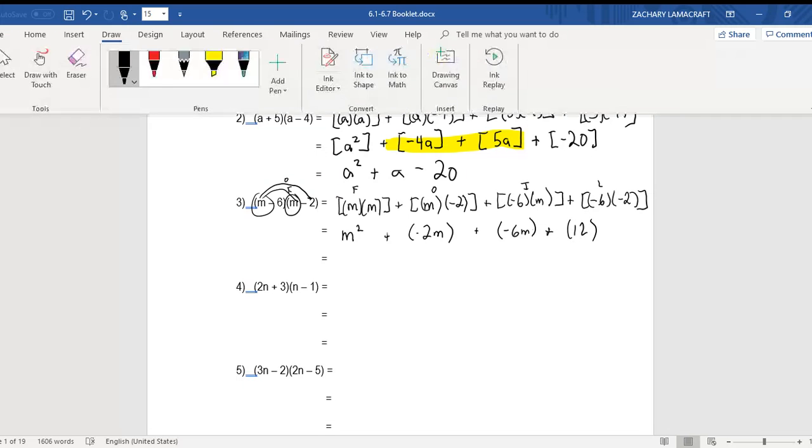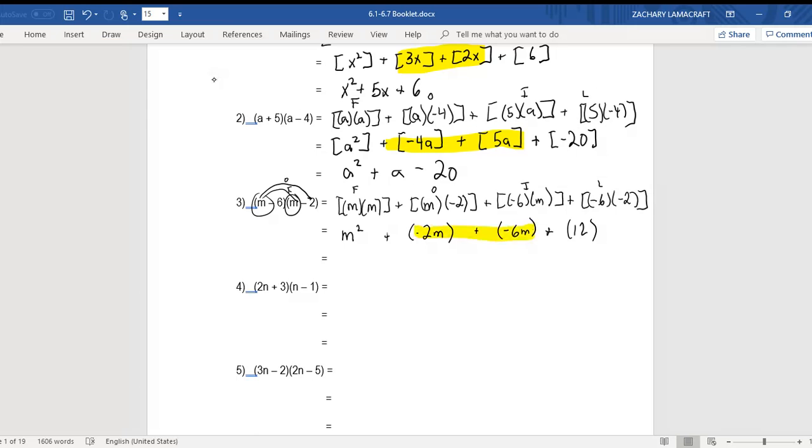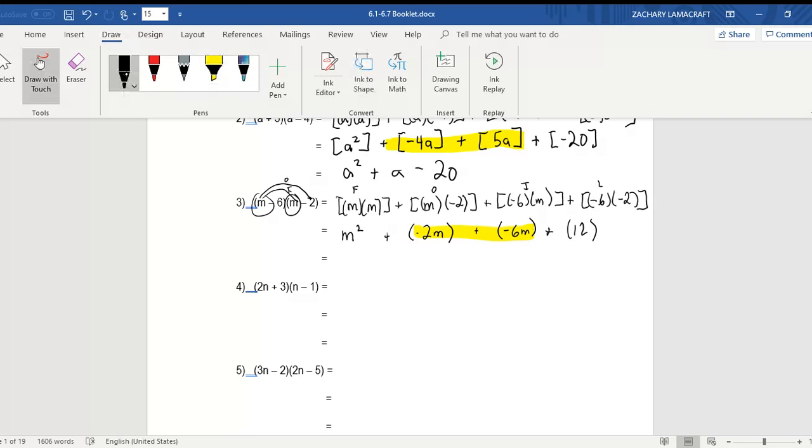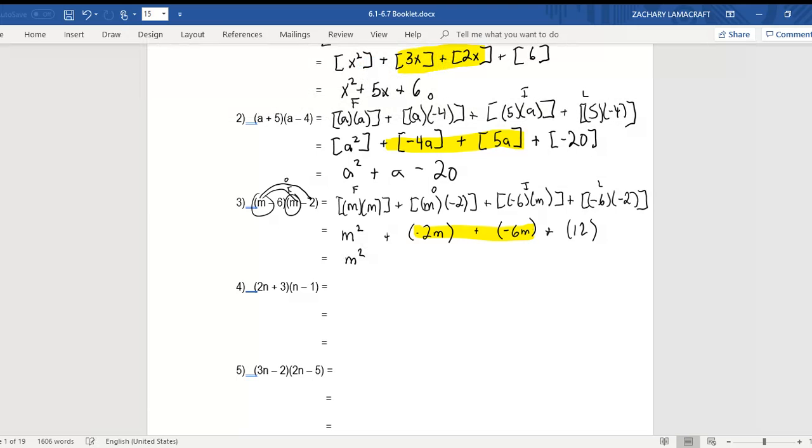Once again, we have our like terms in the middle we can deal with. So it'd be M squared, and then -2M plus -6M would be -8M, plus 12. And that would be our answer there.